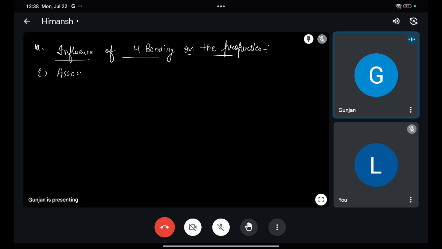First is association. What is the meaning of association? See, two molecules combine with each other and exist as associated molecules.